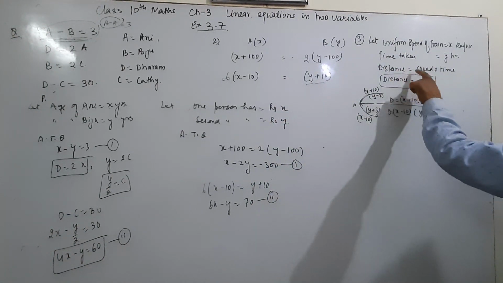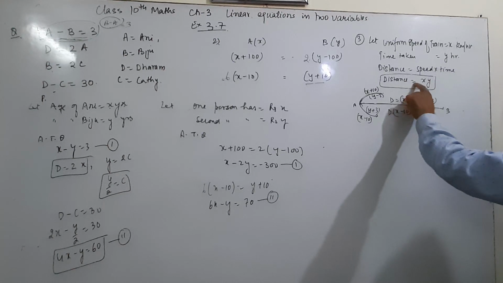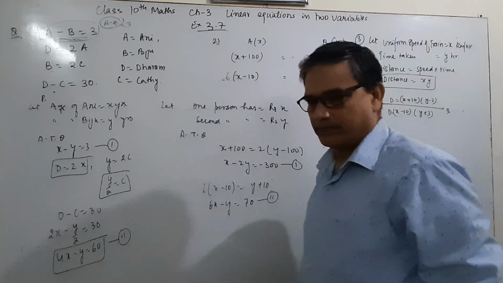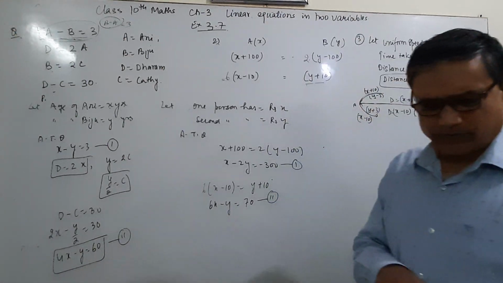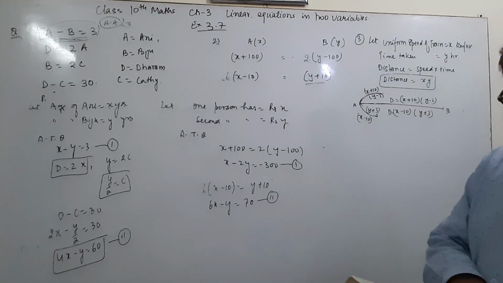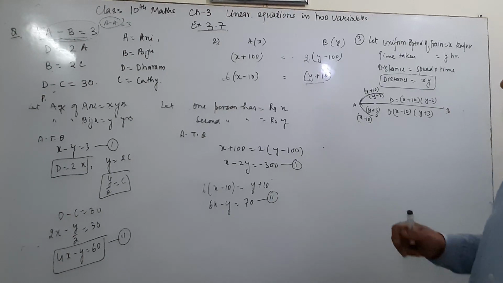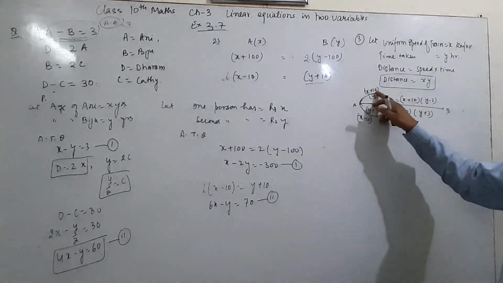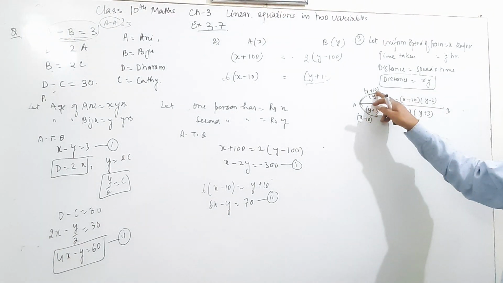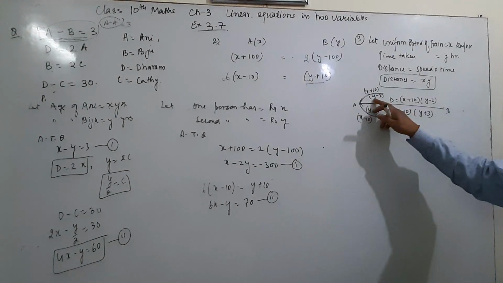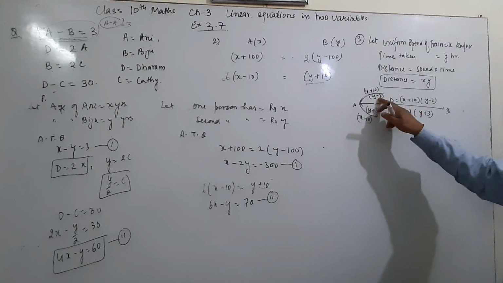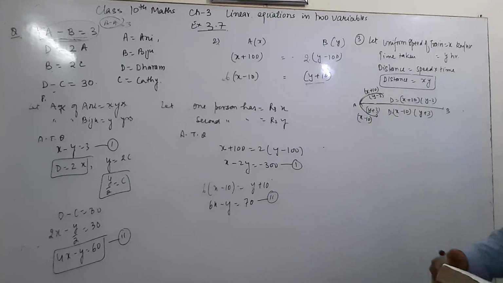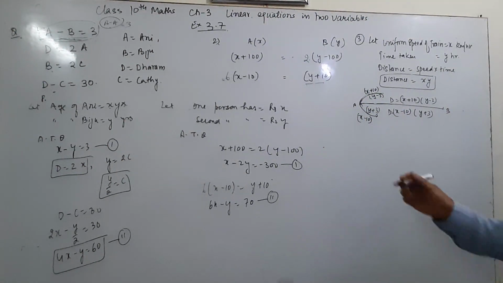We know the distance formula: distance is equal to speed into time. Distance is equal to speed X into time Y, and now the distance is fixed. What is the question saying now? If the train would have been 10 km per hour faster, the speed is now X plus 10, faster means more, and then it takes 2 hours less. The time taken is Y minus 2, and the distance is the same.